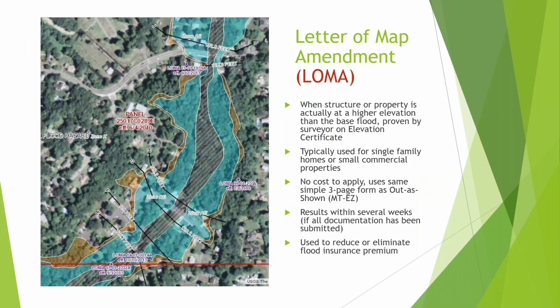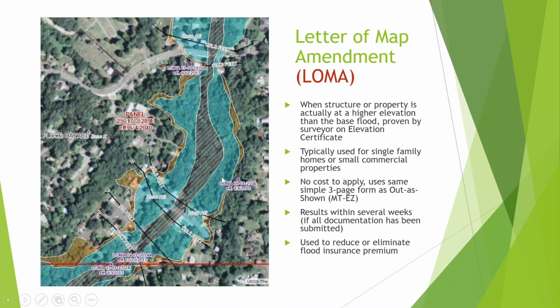All right, so now we get back to a regular letter of map amendment where it isn't out as shown, but it's still higher than the base flood elevation. So you can see here's two LOMAs down here on the map. Here's one over here, here's one over here. Now these two, this one and this one, they could have been an out as shown because again, here this striped area is the floodway.